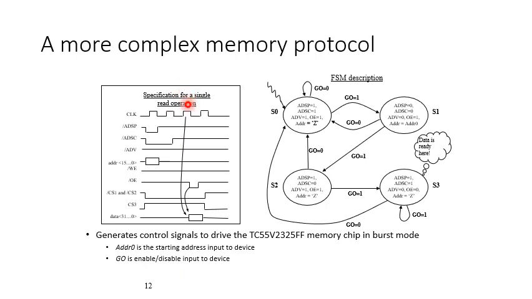So this is the specification for a single read operation. We have a clock, we have the signal ADSP, the signal ADSC, the signal ADV, and then we are reading the address. So the address is read in the first clock cycle. You can see here that in the first clock cycle we are reading the address, and then there is nothing right because we are performing the operation of reading. So in /OE something gets enabled at the third clock cycle.